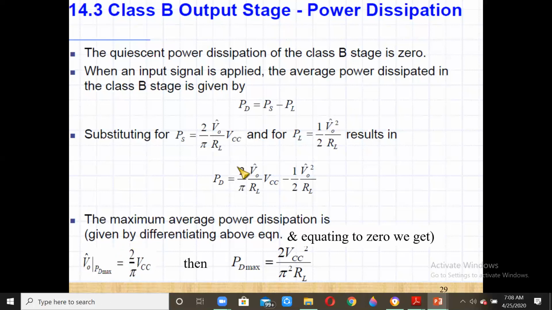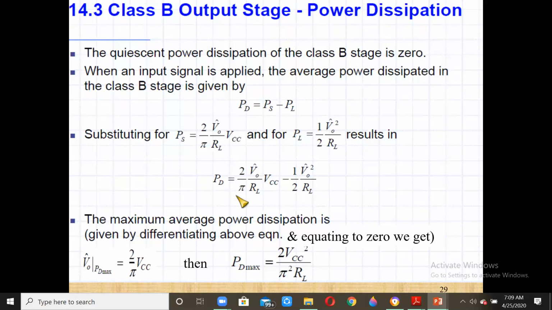So if you substitute this, V naught as 2 VCC by pi, in the PD equation, we'll get the value here. V naught equal to 2 VCC by pi means the square term is 4 by pi square.